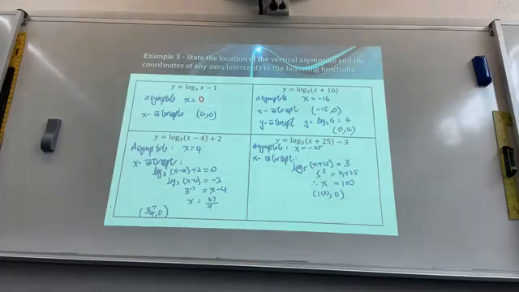So I'll let you work out the y-intercept. The y-intercept is when x equals 0. So when x equals 0, log base 5 of 25 is 2, and therefore you have y equals minus 1, so (0, minus 1).